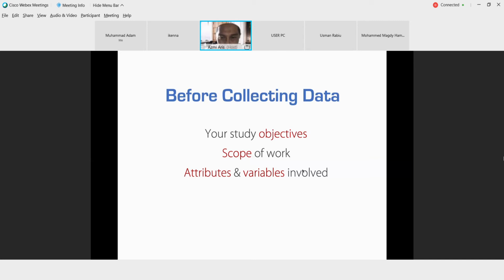This is the data that you want to collect. And you need to know how to measure that variable. As I mentioned just now, the method of measurement must be a standard approach, or an approach that has been used and validated by previous studies.